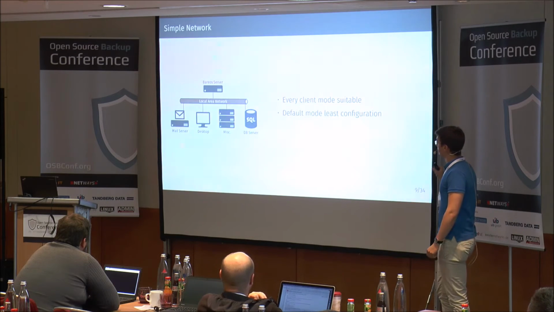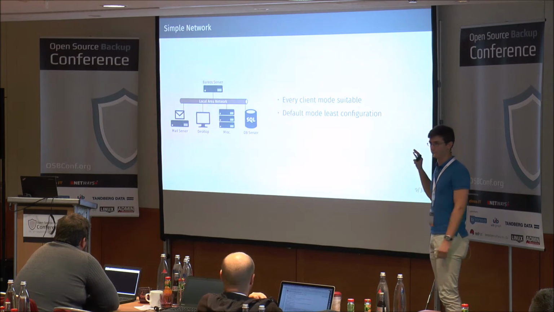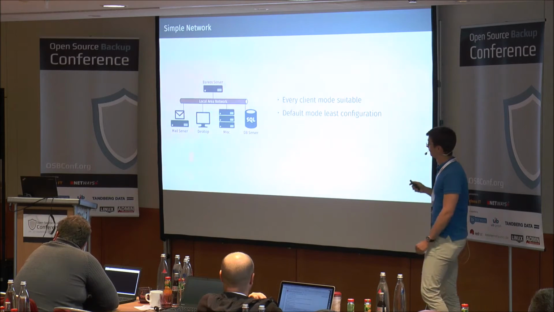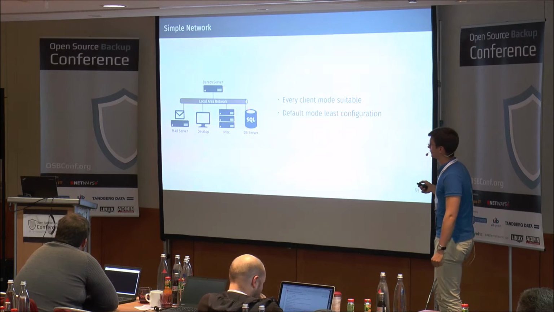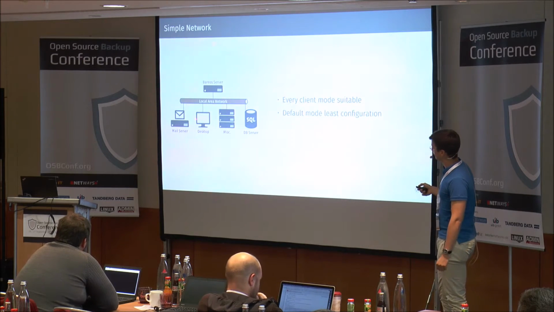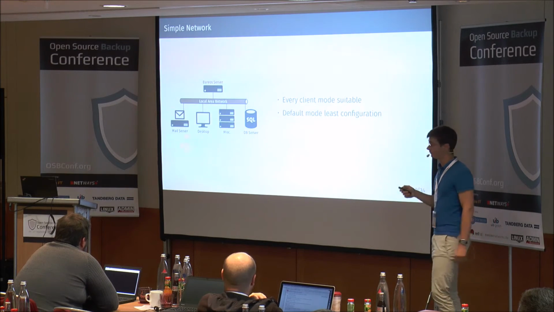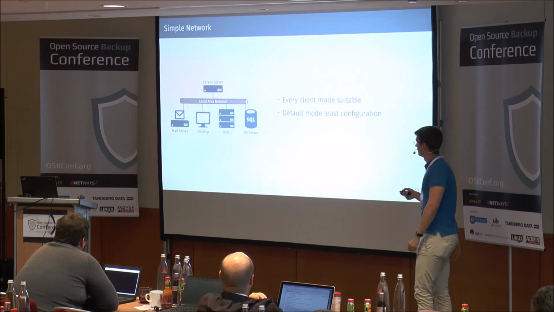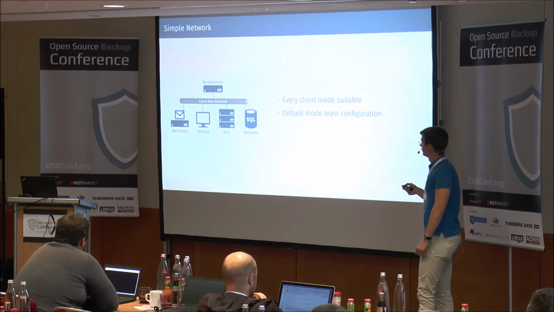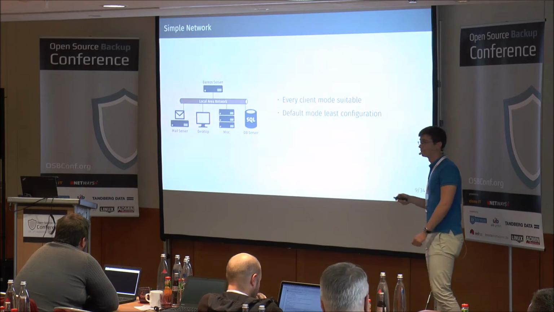So let's have a look at some simple network constructs. This is really simple. We have a local area network, and all hosts and servers are in the same network. Below here we see some clients, Bareos file daemons on a database server, on a desktop, on a mail server, and so on.